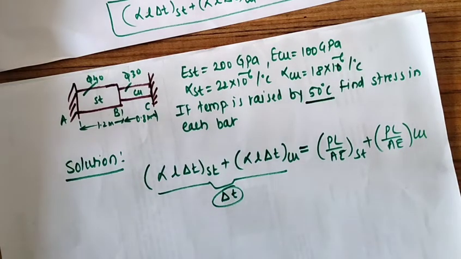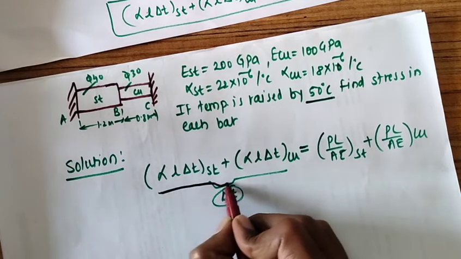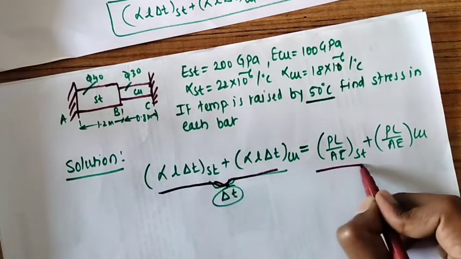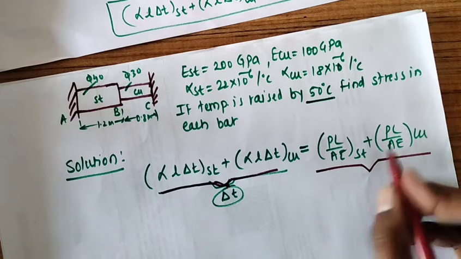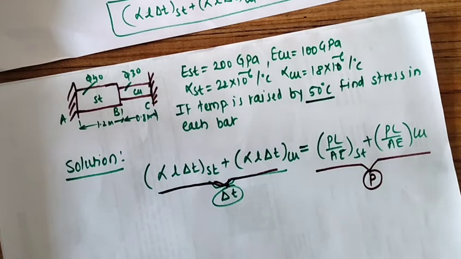So we know that this is change in length due to change in temperature and this is change in length due to compressive force P. Now to solve this, we just put values here.